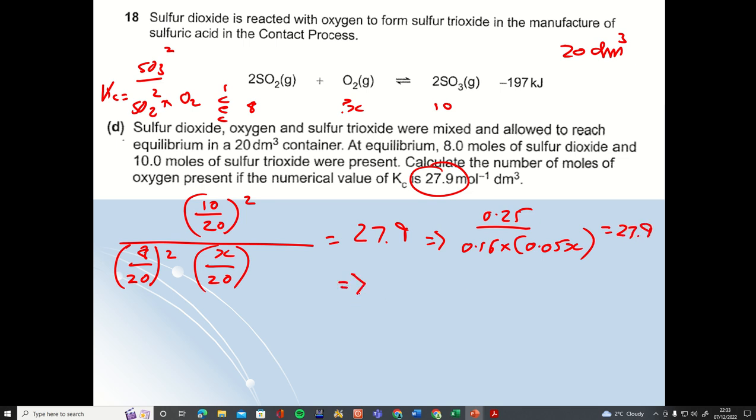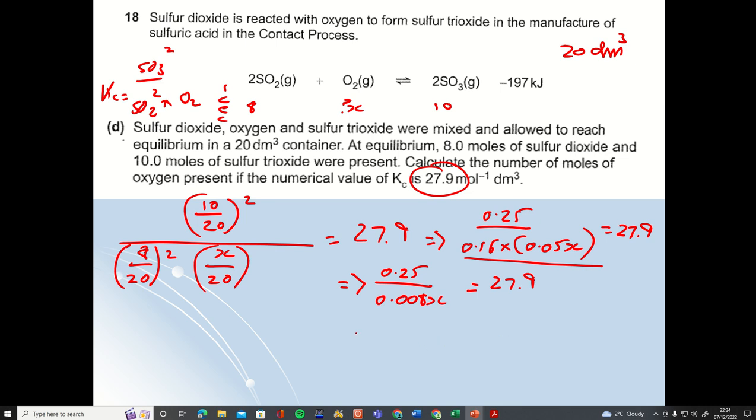If we go a little bit further, 0.25 is equal to 0.008x, I've just solved that, equals 27.9. Now I do my cross multiplication.